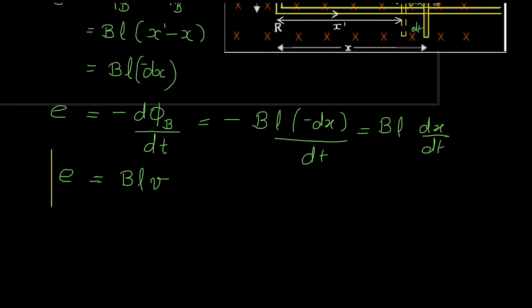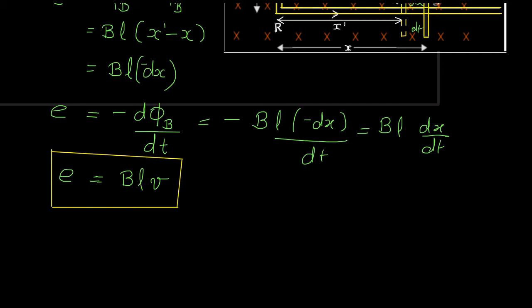This is the EMF produced in the rectangular coil, which is moving in a uniform and time independent magnetic field B with velocity V, and L is the length of the coil.